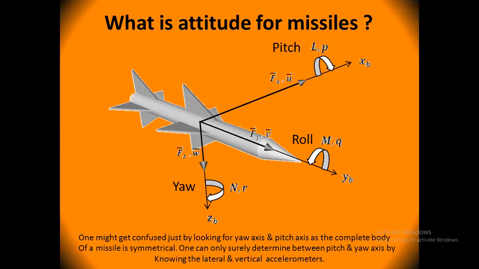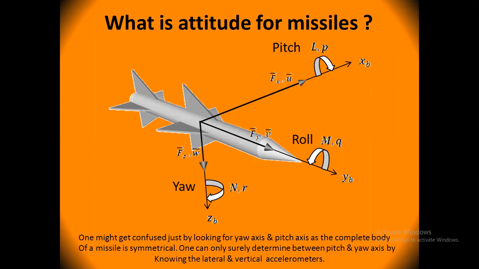But when you go into missiles, the thing common here is the roll. The roll will always be in the y direction, but the pitch and the yaw, which are in the x and z coordinates, are very important, as they are symmetric and perpendicular. You cannot determine the axis of pitch and yaw by just looking at it.